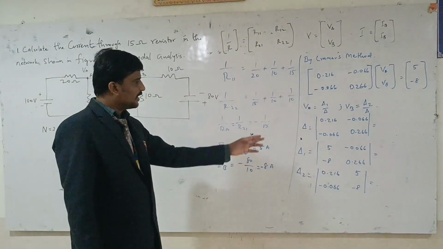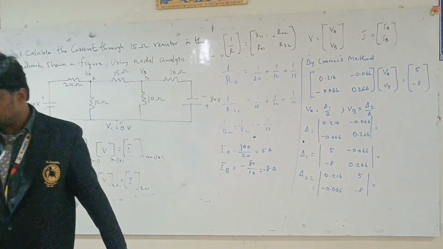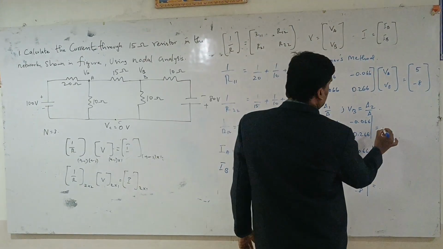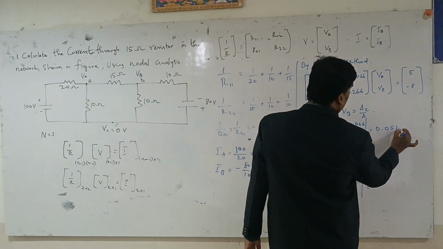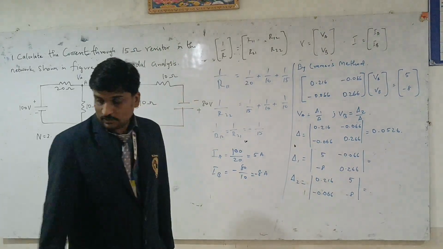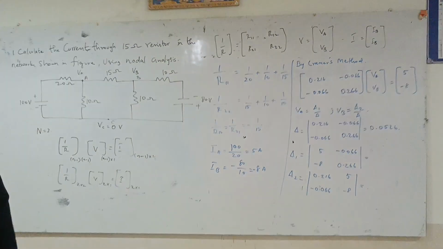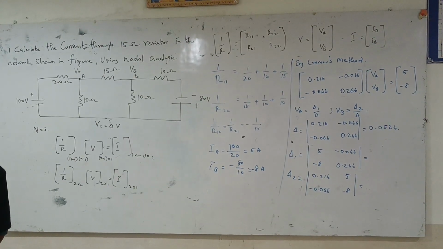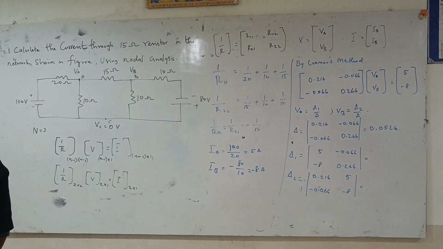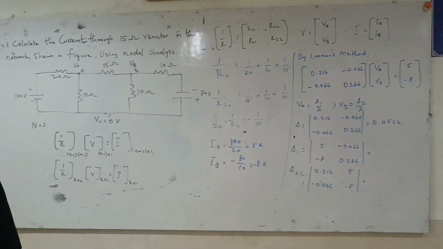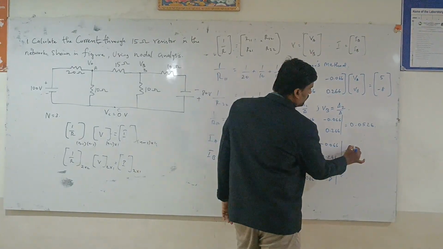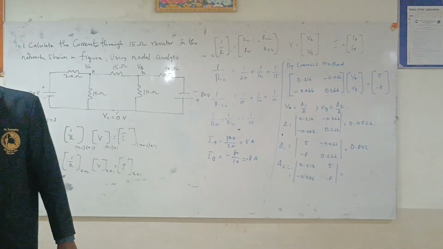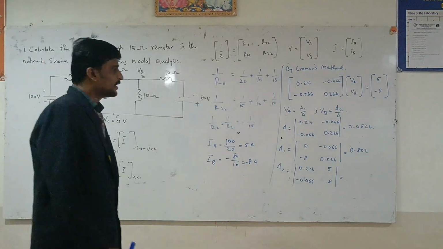So we have to calculate the values for del, del 1 and del 2. The value for del is 0.0526, the value for del 1 is 0.802, and the value for del 2 is minus 1.398.